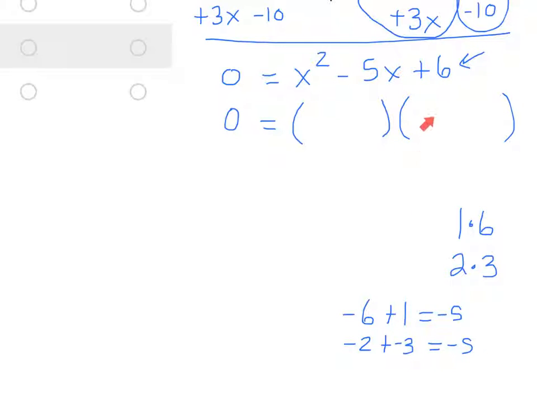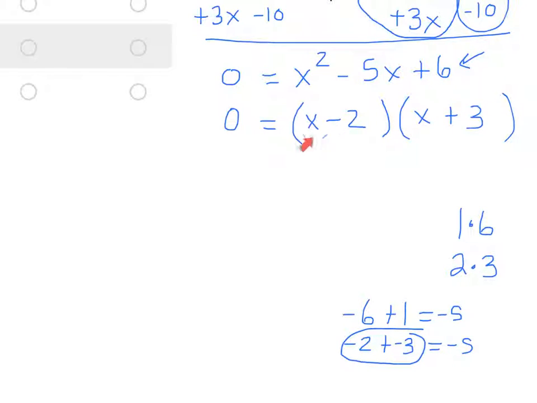It's negative 6, but I need it to be positive 6. And then negative 2 times negative 3 is positive 6, isn't it? So I'm going to use this one because it's the only one that adds to be negative 5 and multiplies to be positive 6. So I'll say x minus 2 and x minus 3.